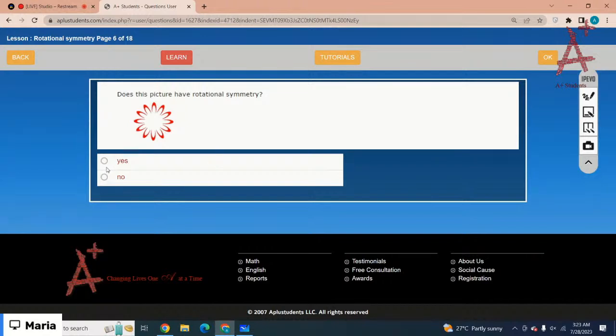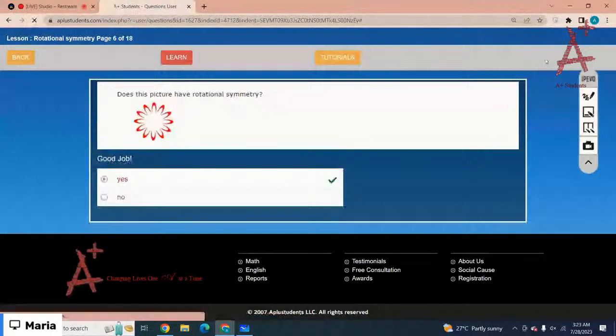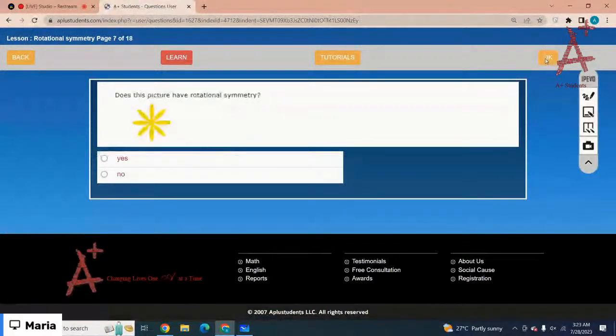Yes, if you rotate the image along half or one fourth, it will be exactly the same. So the correct option is yes. Does the picture have rotational symmetry?